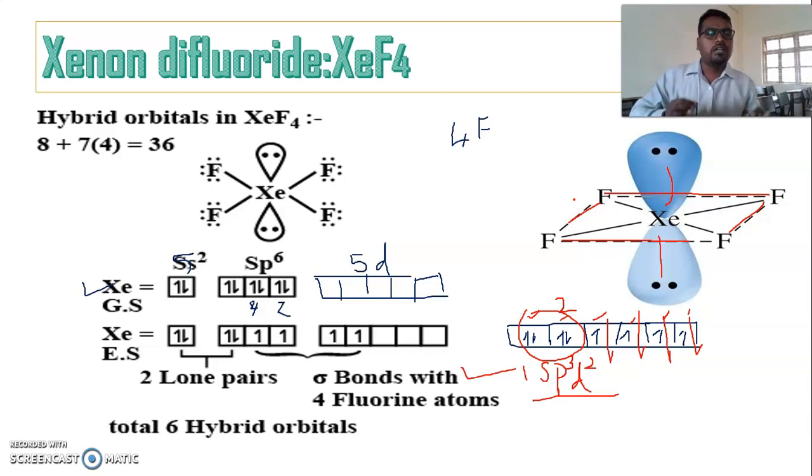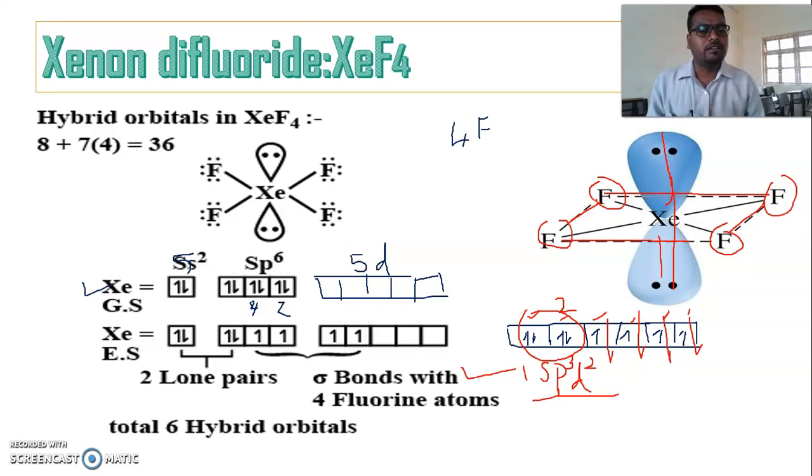Even though they have lone pair electrons or non-bonding electrons, they give a regular geometry, because in this case the non-bonding electrons occupy symmetrical positions, and the 4 fluorine atoms occupy the corners of a square plane.